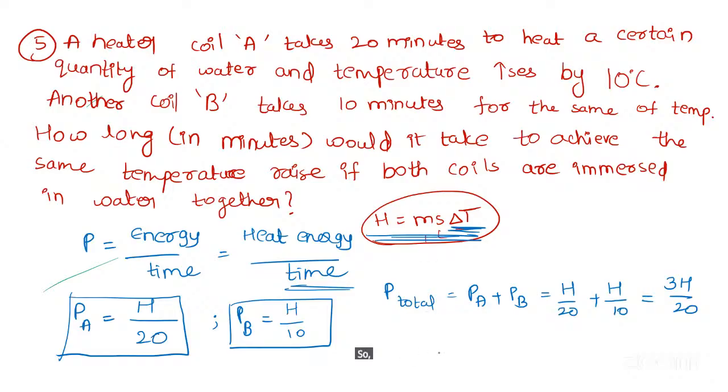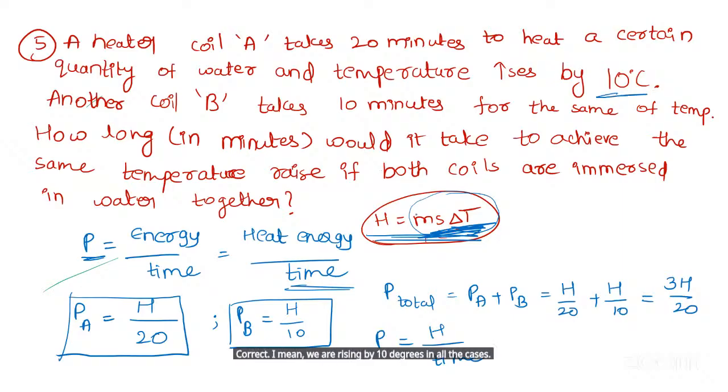So power is equal to heat by time, right? We have to find the time. Here we are rising by the same 10 degrees centigrade in all the cases. In the first case, with coil A, it takes 20 minutes to rise 10 degrees; with coil B it takes 10 minutes.